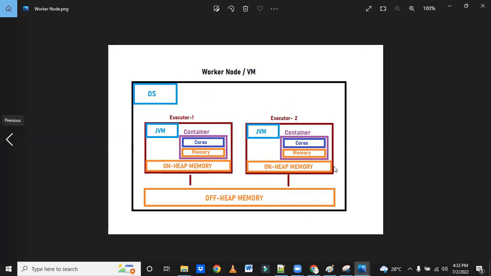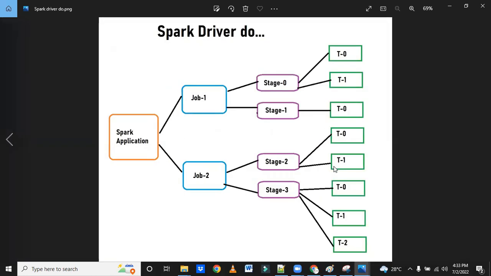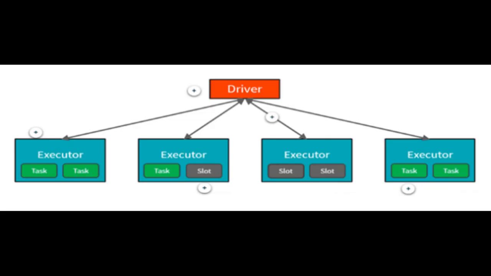The driver is dividing the work into jobs, stages, and tasks. And it keeps track of which executor is running which task, and whether the assigned tasks have successfully completed or failed, or whether the executor is free or assigned some other task.